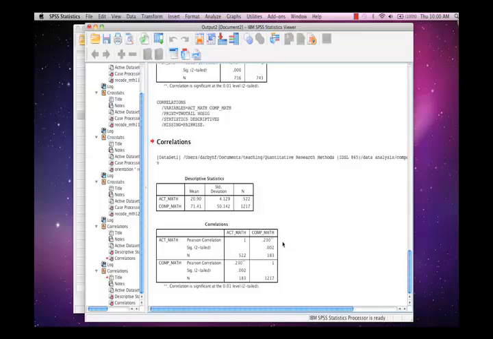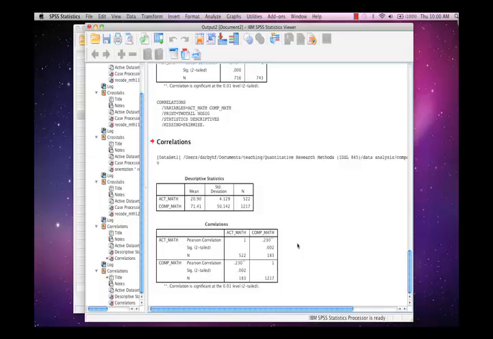You can see that we get a Pearson correlation of 0.23, which is positive. So there's a positive correlation between the two. But at a 0.23, it's very, very weak. Very weak relationship. And that's how you would interpret that Pearson correlation.